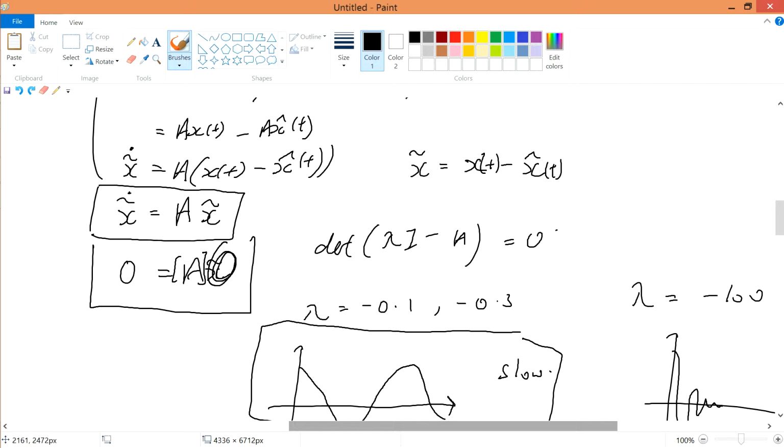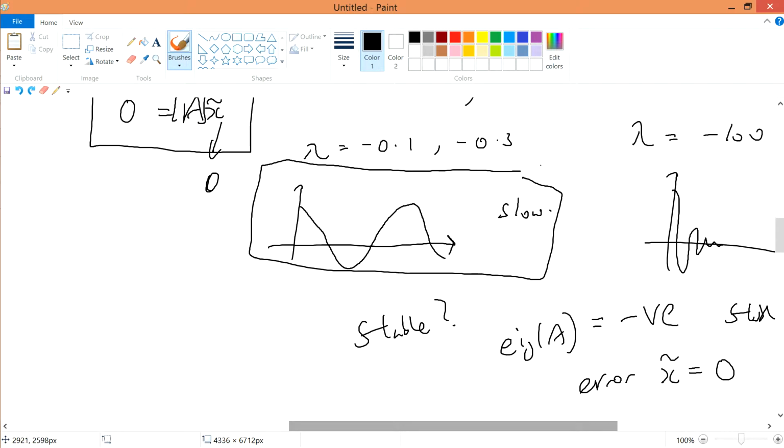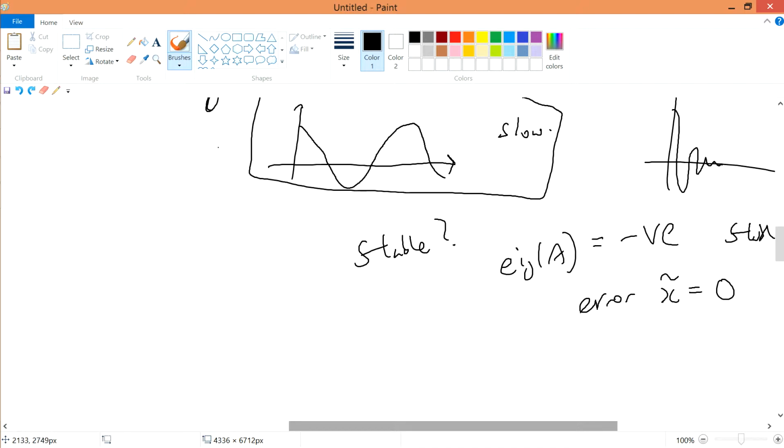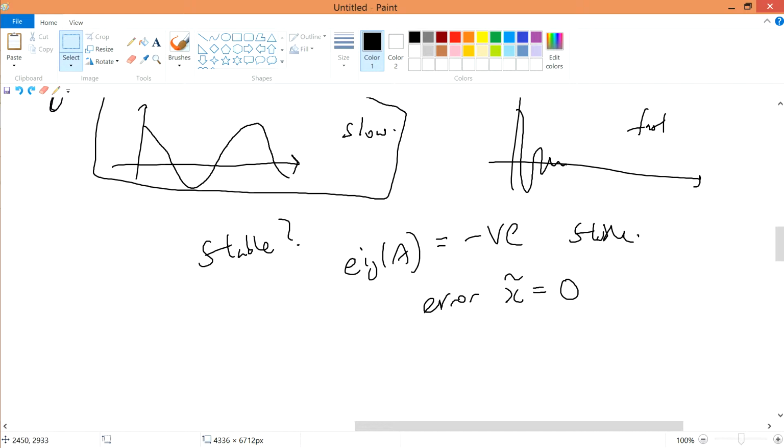Otherwise, this x curly bar must be 0, which is shown over here. If such a case happens, then our modeling system is stable, so to speak. I don't know, but yeah. So I'll leave you to think about what the meaning of stable is.